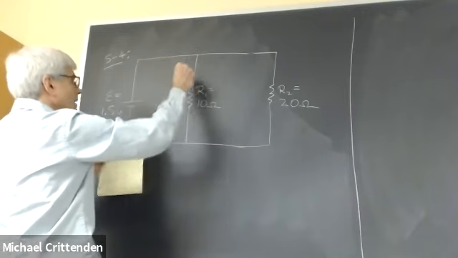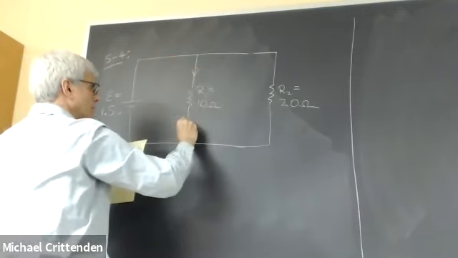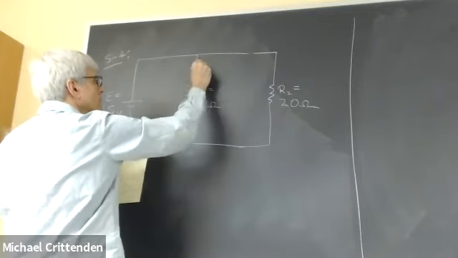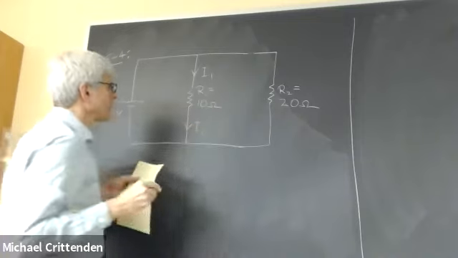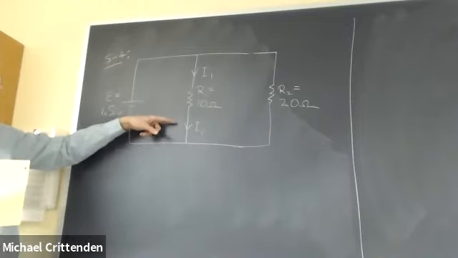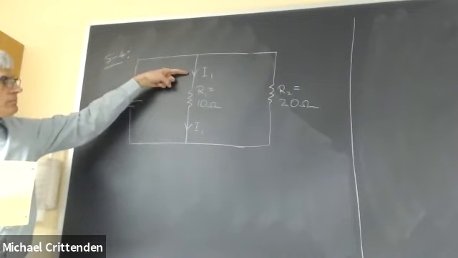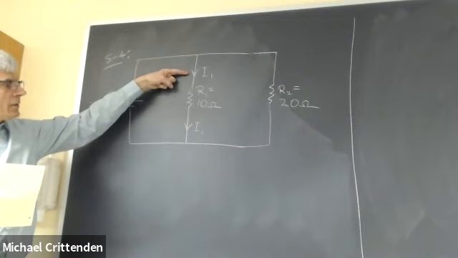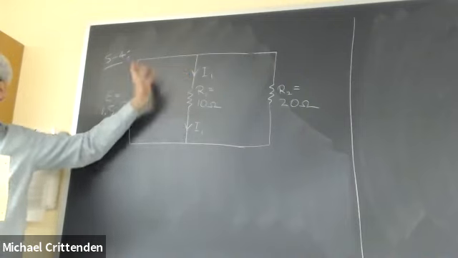What I did is I said that the current through R1 is I1, which would be the same on both sides of the resistor. Again, it's the rate of flow. If you've got 30 cars per hour going here, you've got to have 30 cars per hour there. There's nowhere in between for any of them to turn off.